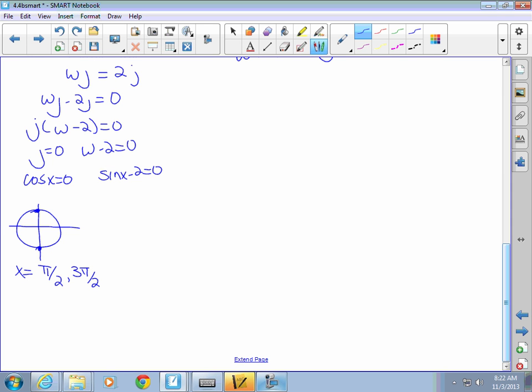So for the next one, sine x minus 2 is equal to 0. So I have sine x is equal to 2. So sine is the same as opposite over hypotenuse. So that means that my opposite side is a 2 and my hypotenuse is a 1. Well, you can look at this right off the bat without even doing a whole lot of thinking.